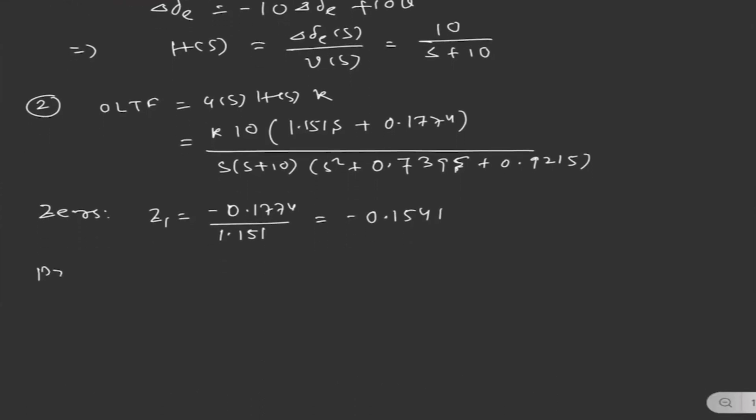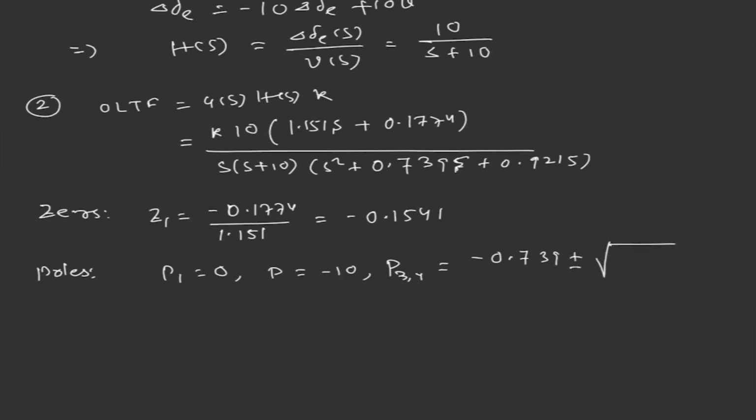In the poles, we have P1 equal to 0, P2 equal to minus 10, and P3 and P4 we can write as minus 0.739 plus minus root over (0.739 square minus 4 into 0.9215), divided by 2.